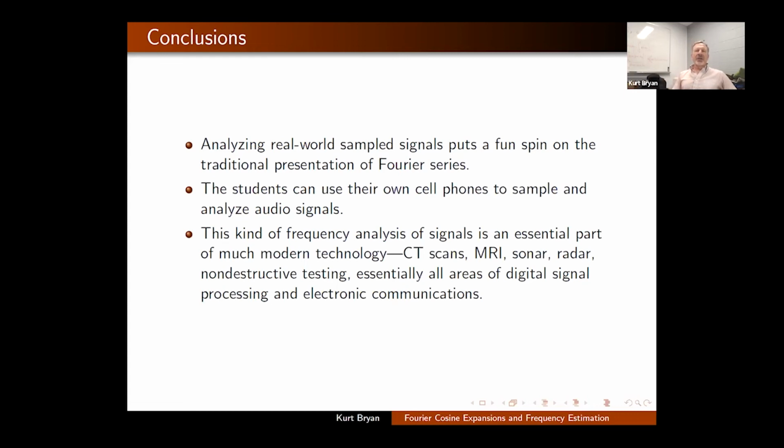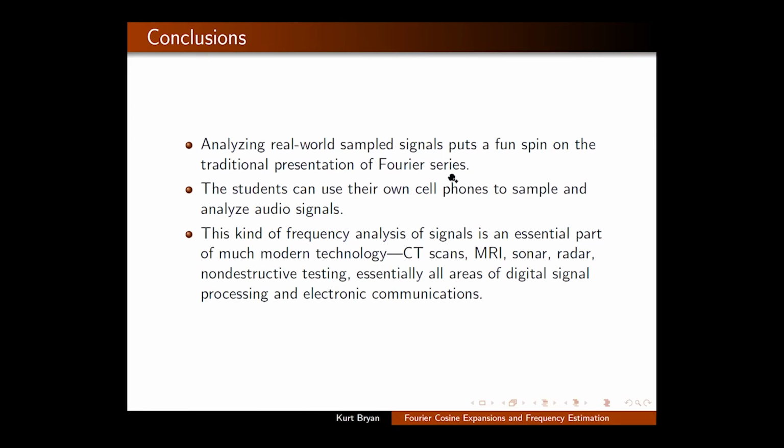Almost all the technology we rely on uses this kind of Fourier analysis using cosines or some other basis. So that's something I like to do in my class to wrap up Fourier series for them. So I'm open to questions.